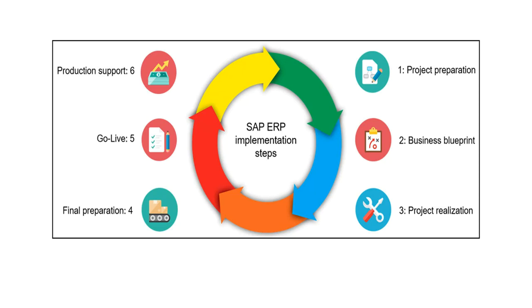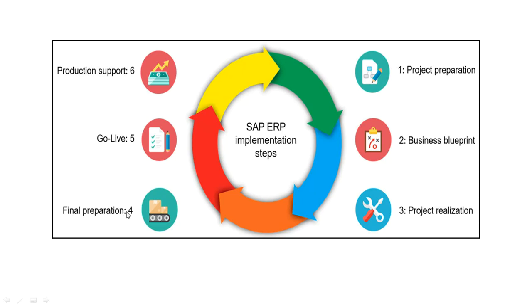Okay. Then the third stage is called project realization. In the realization phase, all the customization activities are undertaken as per the business blueprint, as per the business process decided and signed by the business owners. Then the customization starts. This customization is started in the third phase, that is called project realization.